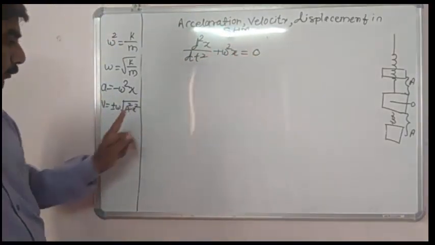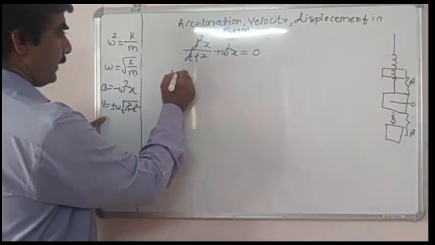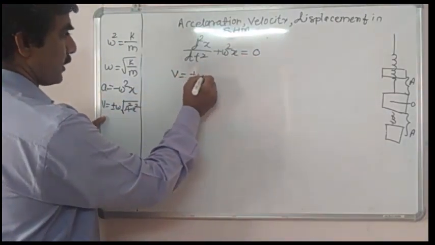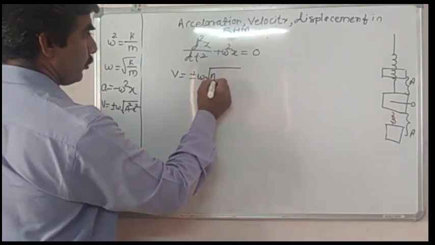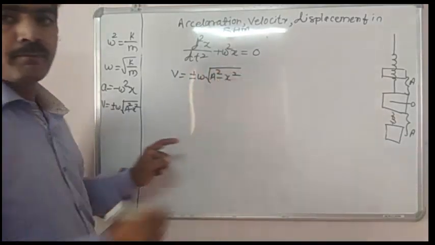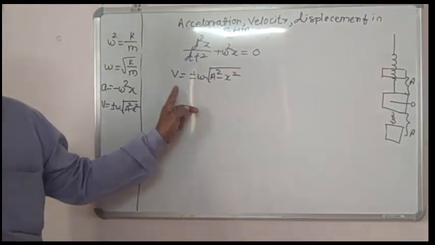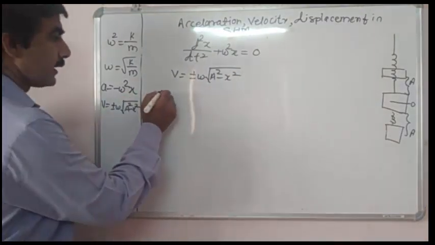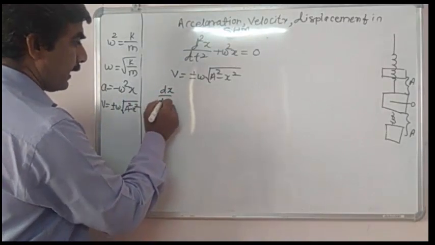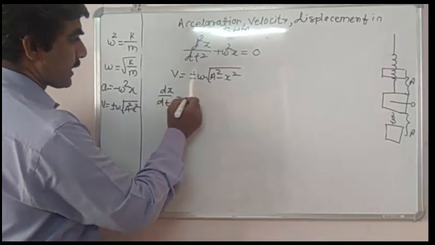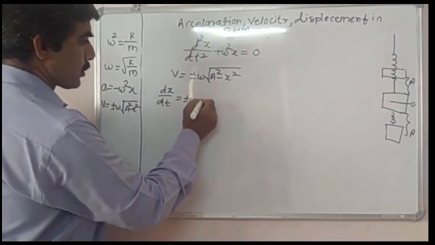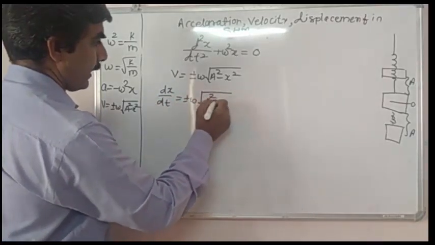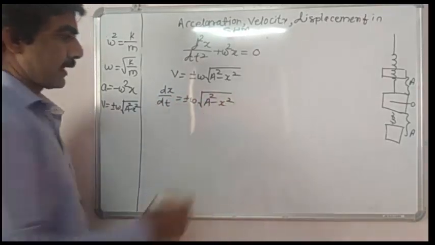Now from this differential equation, d2x divided by dt square plus omega square x equal to 0, we get the equation for velocity, that is v equal to plus minus omega under root A square minus x square. Now this v is nothing but the derivative of displacement, that is dx by dt, equal to plus or minus omega in bracket A square minus x square.